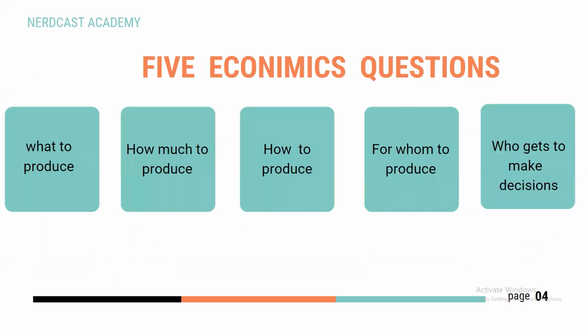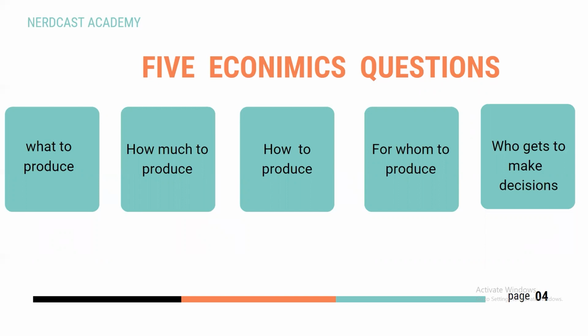Next, we are focused on the main 5 economic questions. The first question is what goods and services will be produced. It means that in order to be profitable, businesses must respond to consumers' wants and desires. The second question is how much to produce. They are focused on how much quantity of goods and services producers are supplying to the economy.